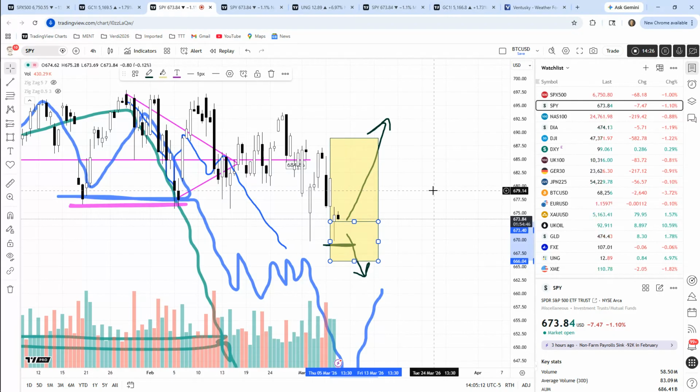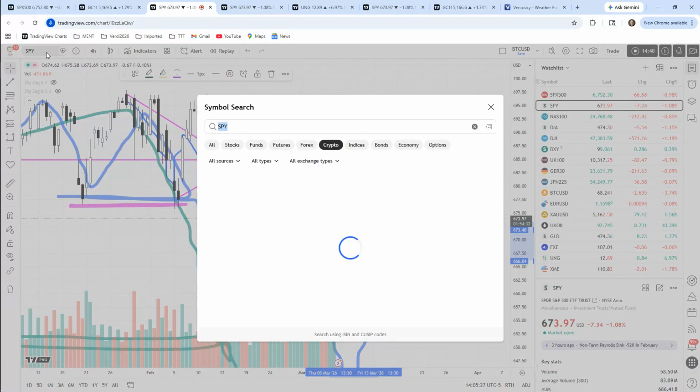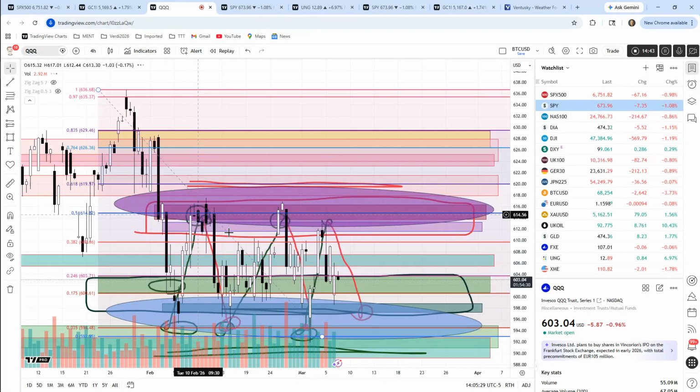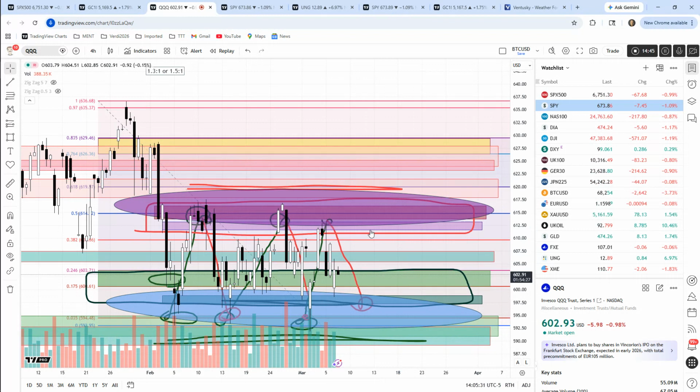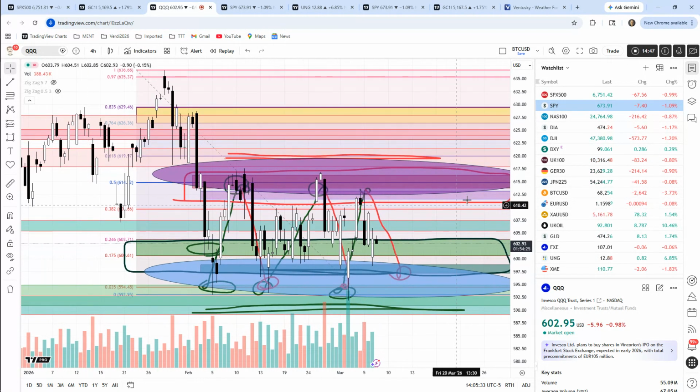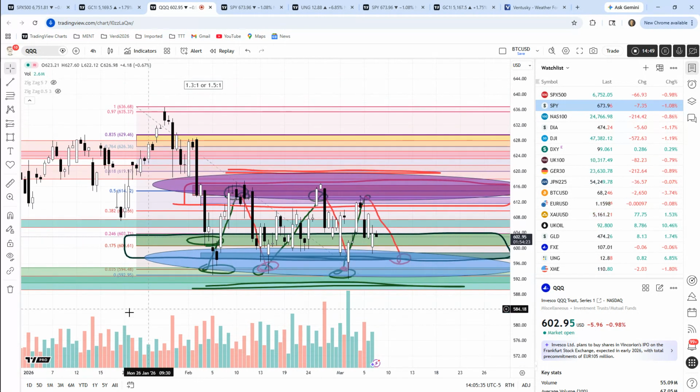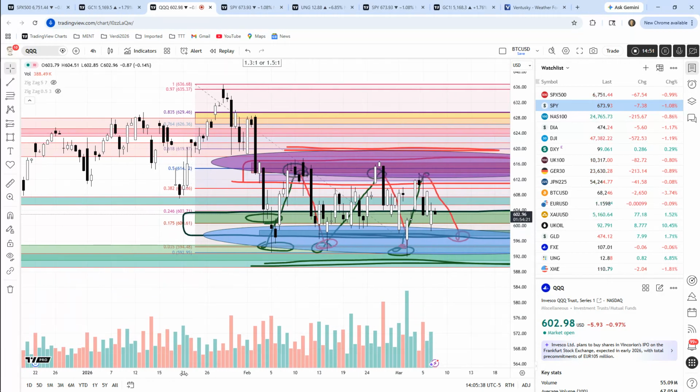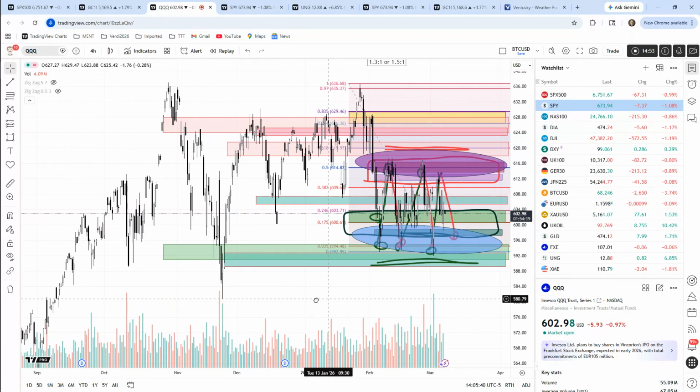I can take that risk comfortably and not really worry about it, because by controlling the size of my trades, I can determine how much risk I'm actually taking in the position. So you're doing everything right. Come back over here to the QQQ. You're doing everything right. I just want you to try to see it as layers, okay? Try to see it as layers that are stacking up on the chart.